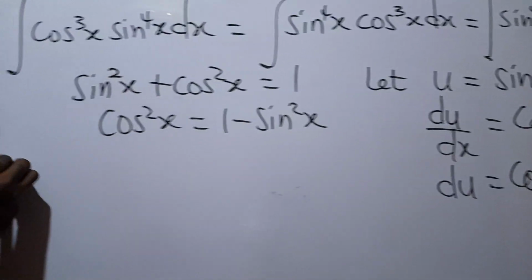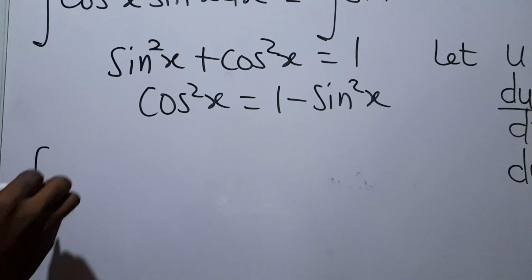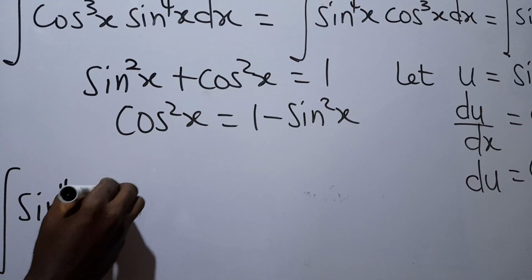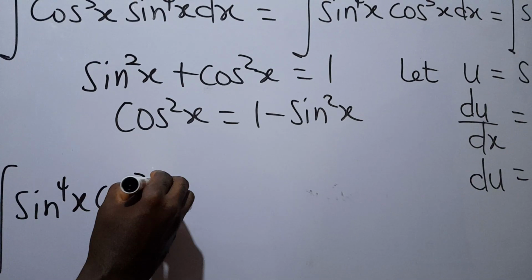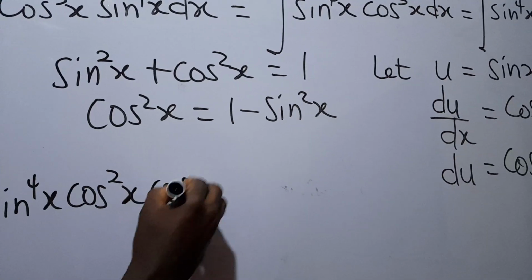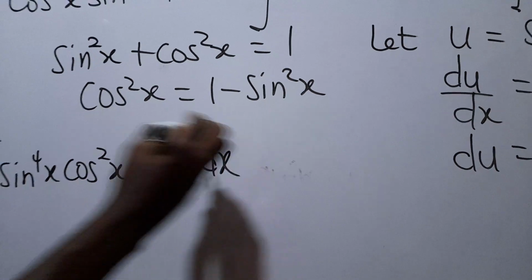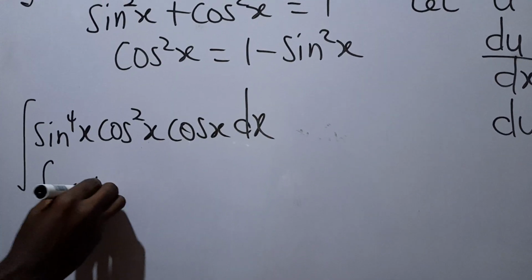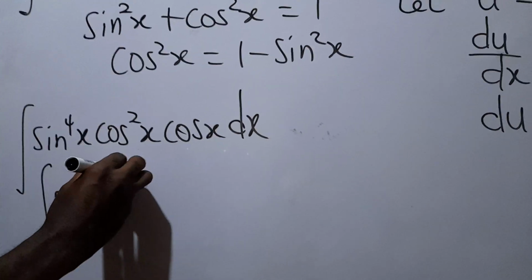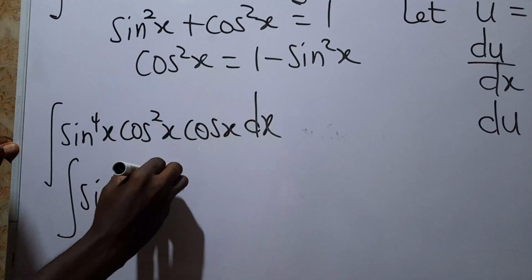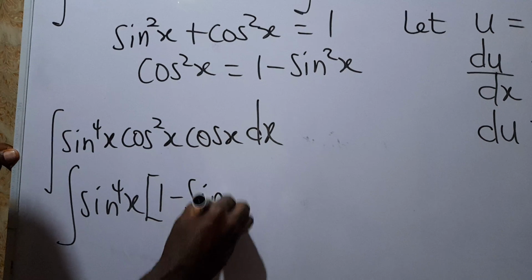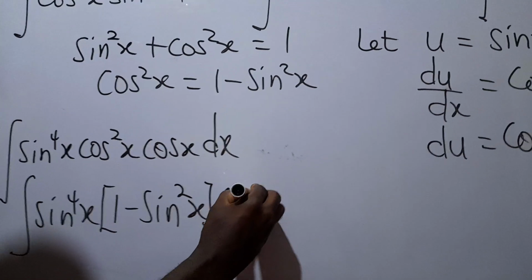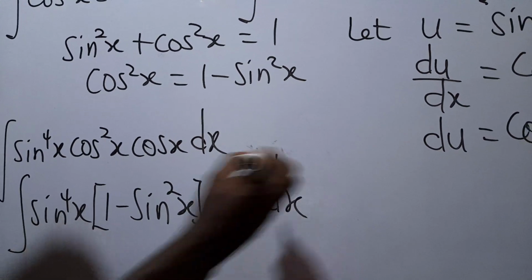So we know that the integral of sin⁴x cos²x cos x dx will now be the integral of sin⁴x, then in place of cos²x, we substitute 1 minus sin²x, then cos x dx.